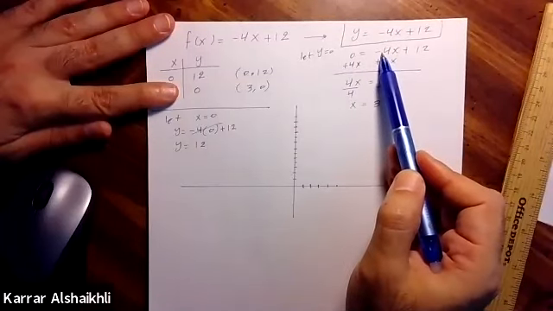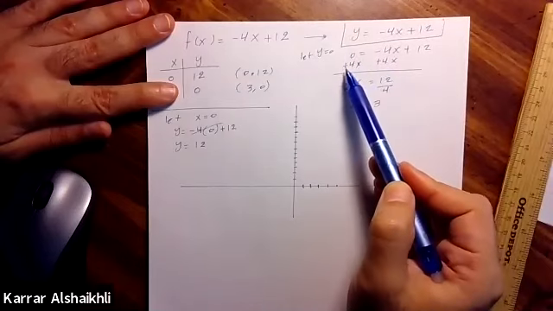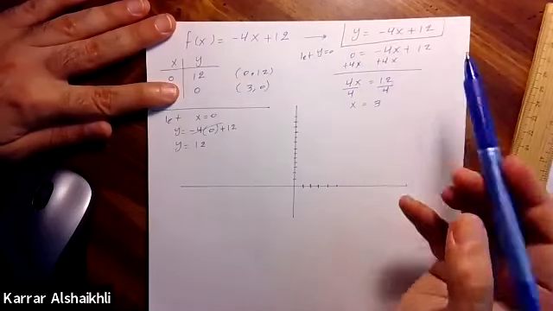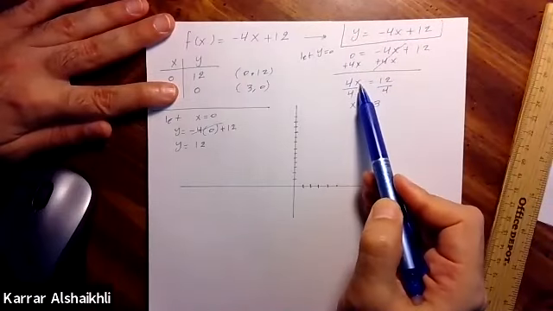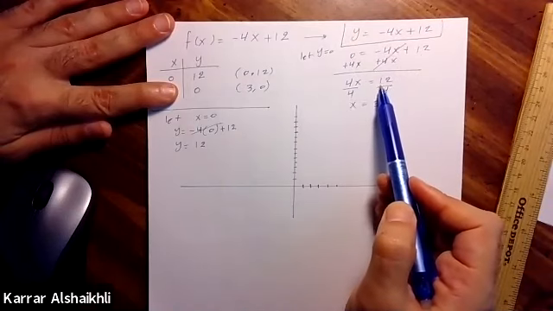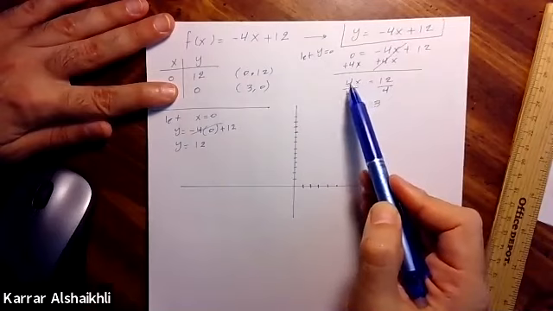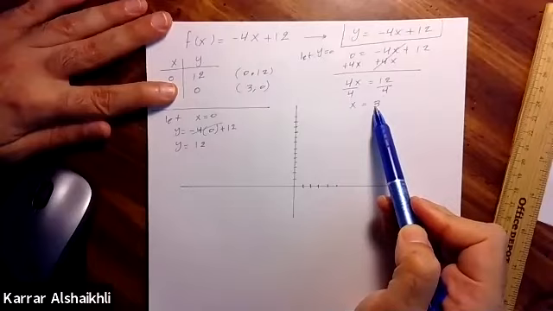I'm going to move -4x to the other side, so add 4x. Cancel these. So what's the leftover from this side? 4x. What's the leftover from this side? Just the 12. Yes. Then you're going to divide both sides by 4. How much is the x? 12 divided by 4 is going to be 3.